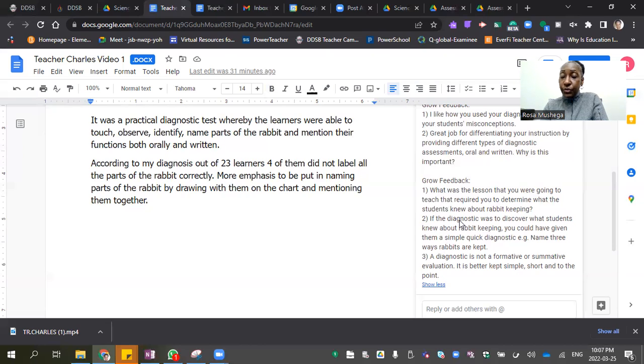What are you going to improve on, and what did you do well? And then the feedback was practice naming of a rabbit. So, if I'm a student and I read that as feedback from my teacher, how am I going to do it? How am I going to practice? Am I going to practice with a buddy?